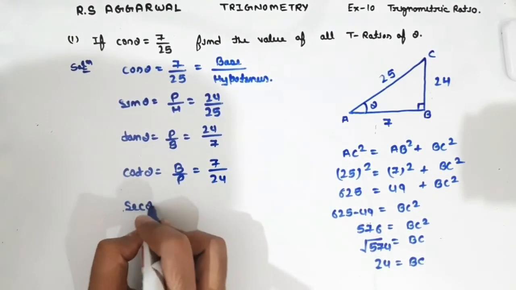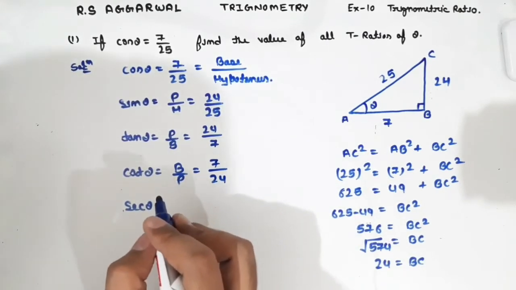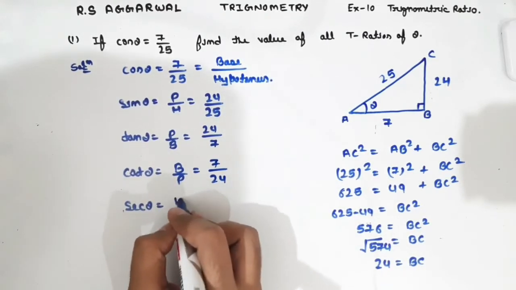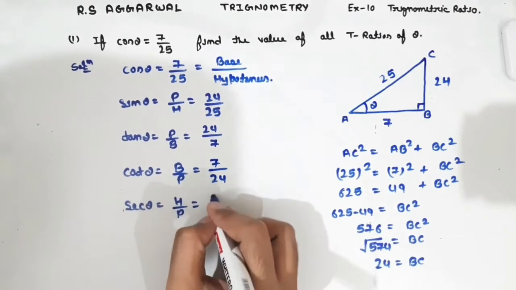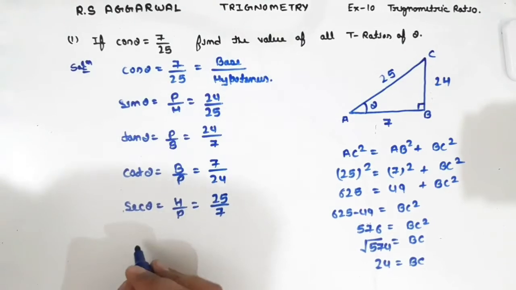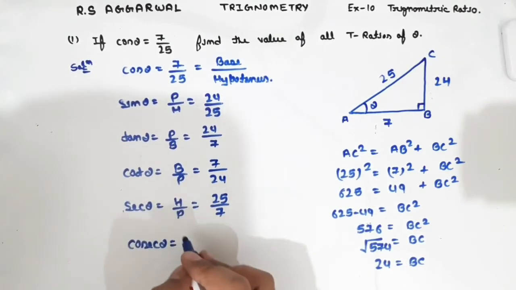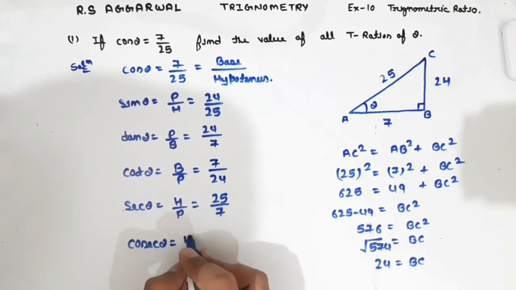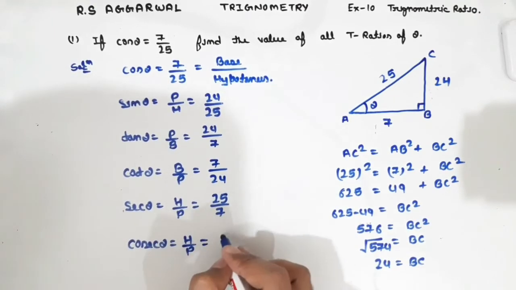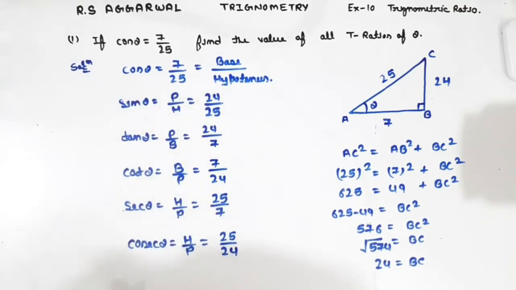Then sec theta is given by hypotenuse upon base, that is 25 upon 7, and cosec theta is given by hypotenuse upon perpendicular. So our hypotenuse is 25 and perpendicular is 24. So these are all our trigonometric ratio of theta.